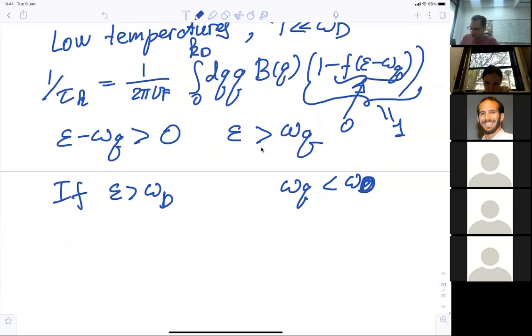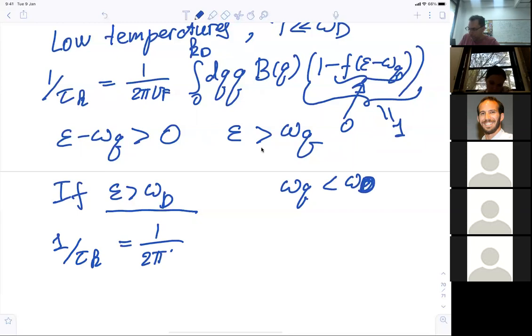And therefore, if energy is larger than omega Debye, we are left with 1 over tau k equal to 1 over 2 pi v Fermi, integral from 0 to k Debye dq times q times b of q.